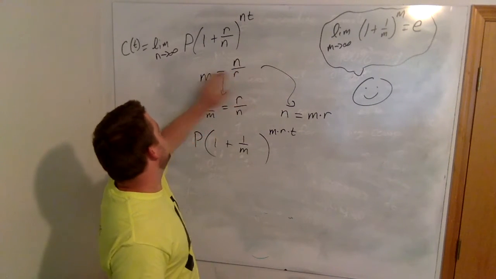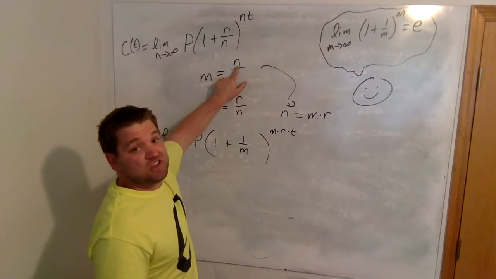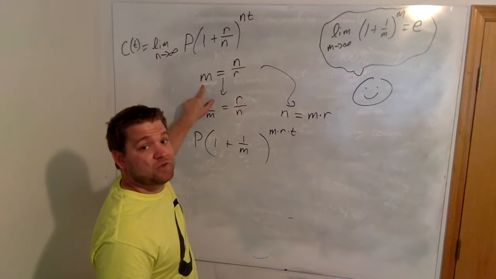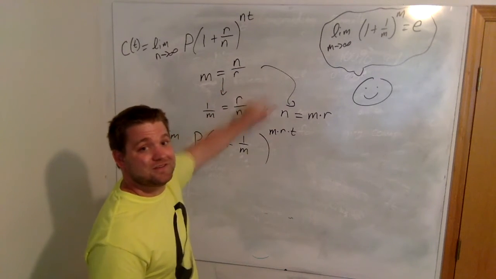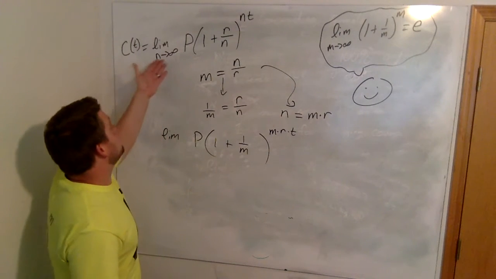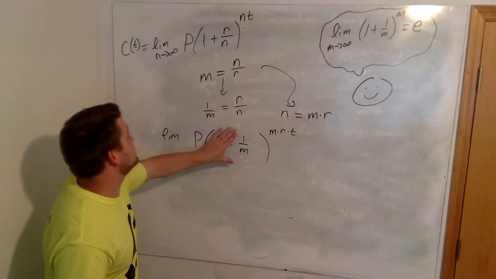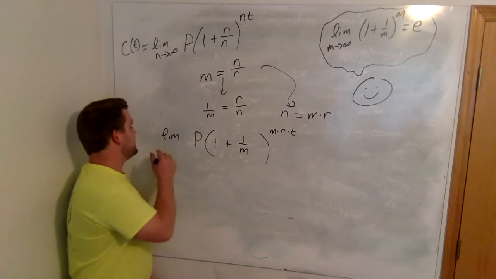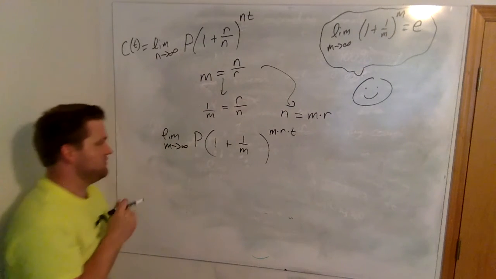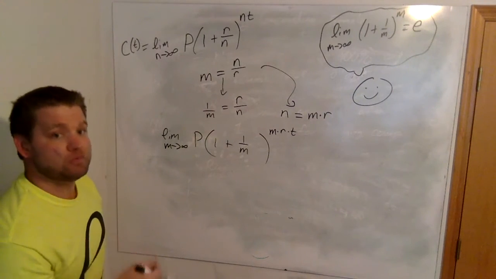As n is getting really large, m is also getting really large. So if I'm replacing with m's, this would be the same thing as saying now as m goes to infinity. These are equivalent. We've just done a variable replacement.